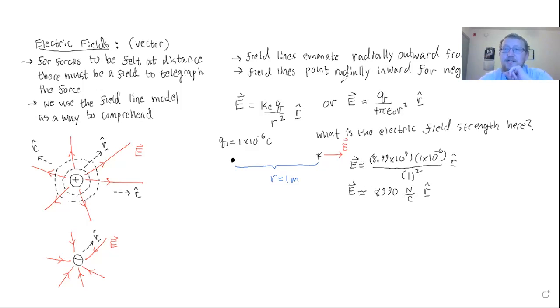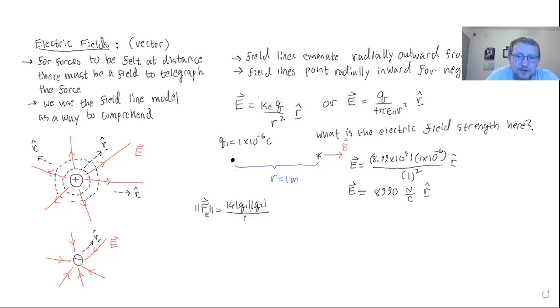Then the next question says, now place a particle of this charge at the point you've calculated the electric field at and figure out what the force on that charge is. You might think force and then immediately go to Coulomb's force law, which will give you the right answer. Nothing wrong with it, but it might be a little bit of extra work.